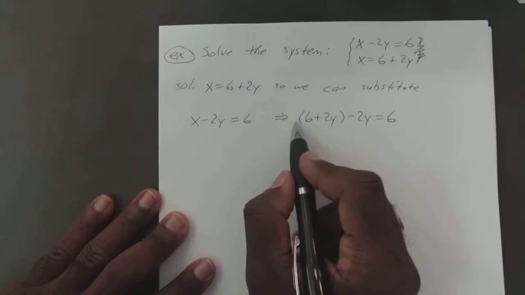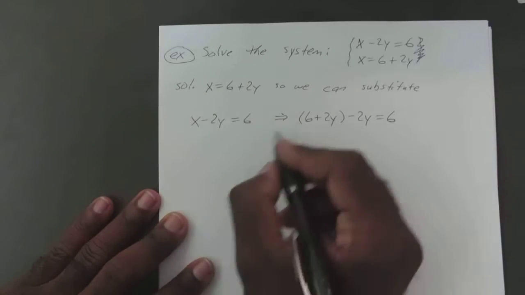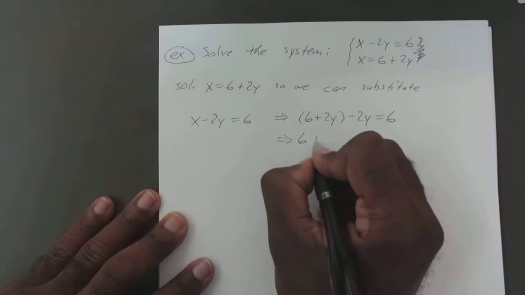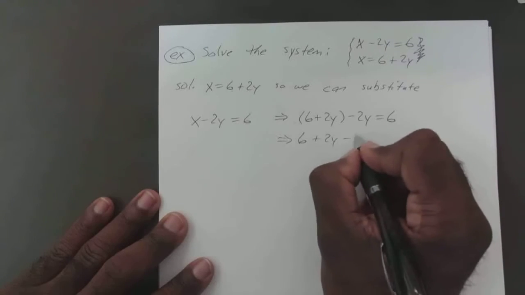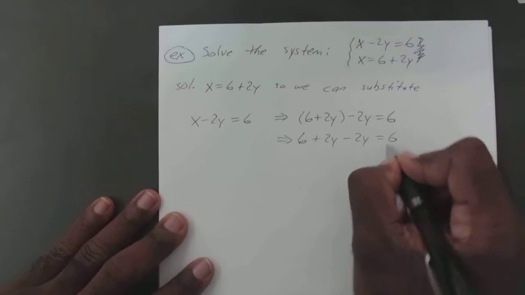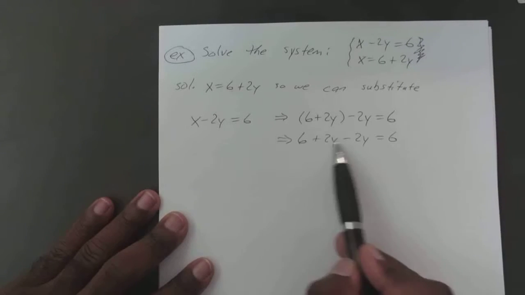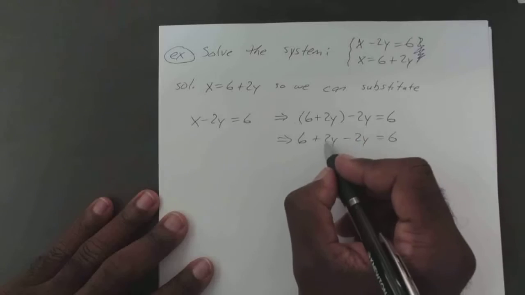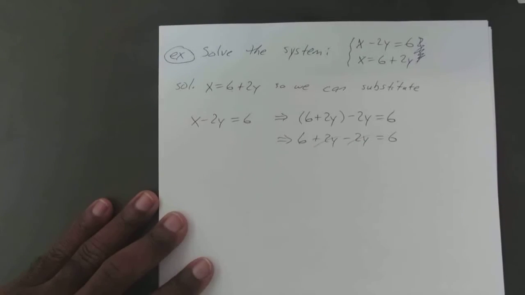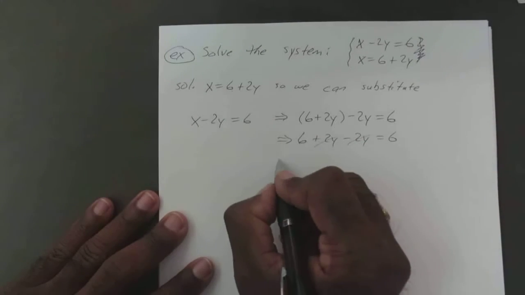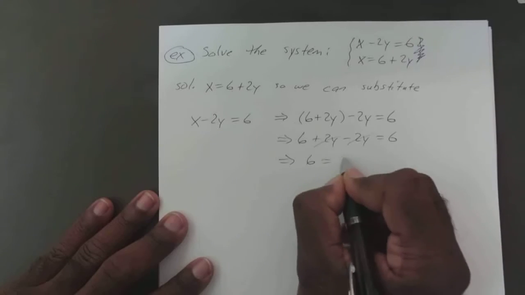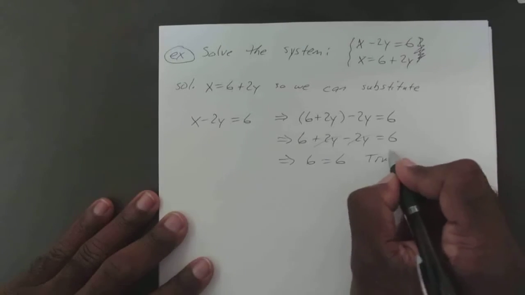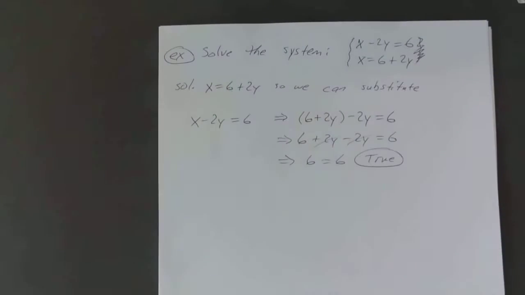Plus 2y and minus 2y cancel each other out because they equal 0. So you're really just left with 6 equals 6, which is a true statement.